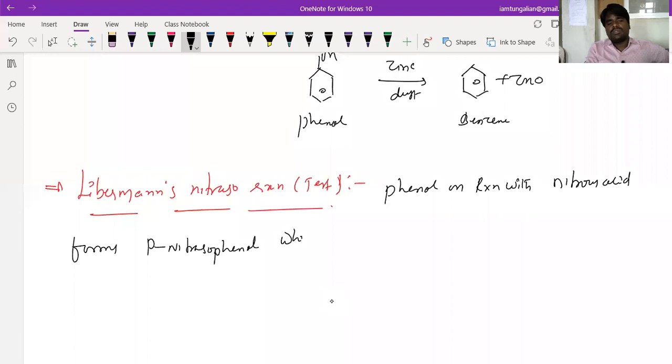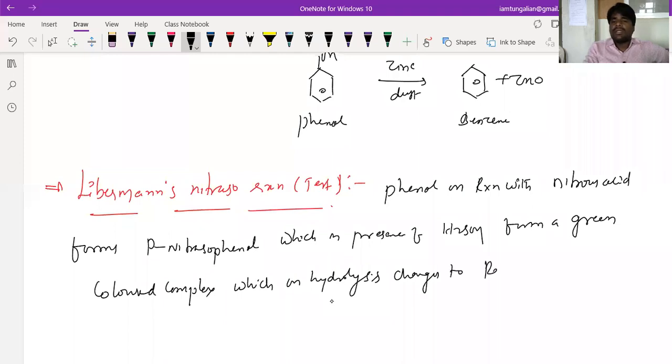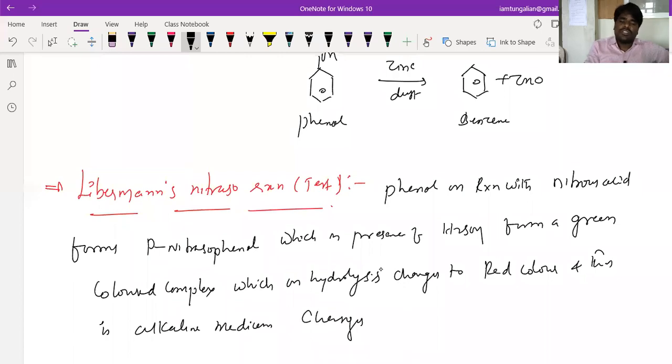In the presence of H2SO4, it forms a green colored complex, which on hydrolysis changes to a red color, and in an alkaline medium changes to blue color.